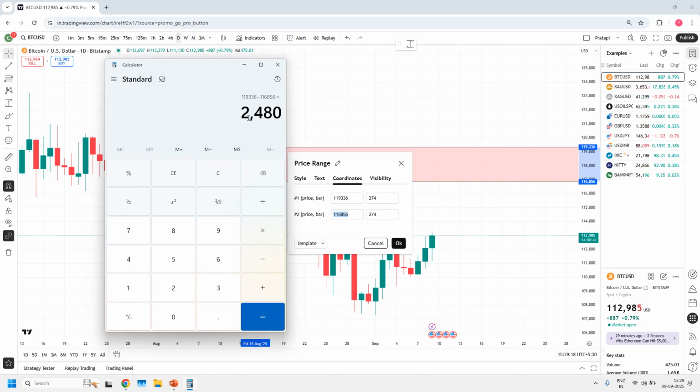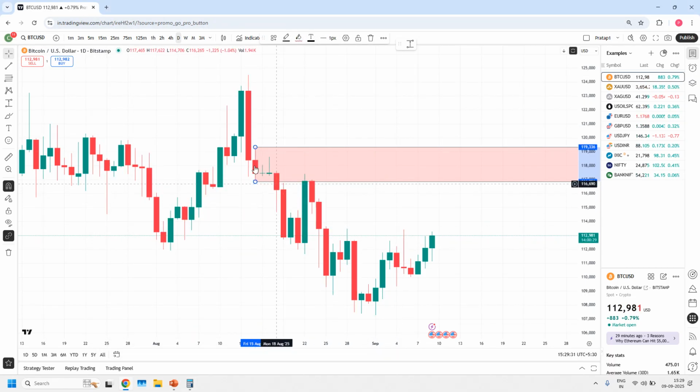So 2,480 US dollars is the risk for this particular zone. So what is the disadvantage if you draw wick to wick? The risk will be increasing more. But the advantage, higher chances of getting the trade. Okay, this is type 1 proximal.